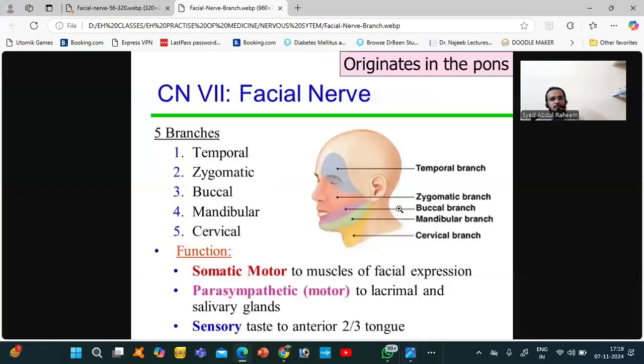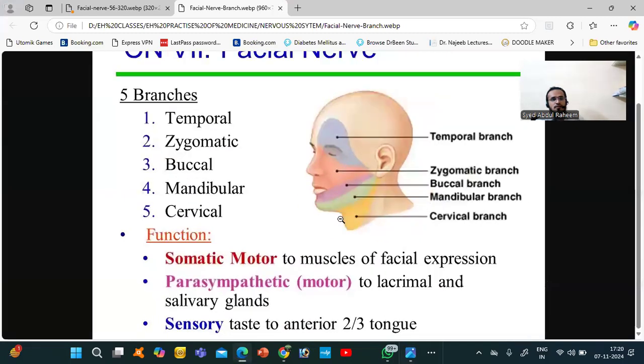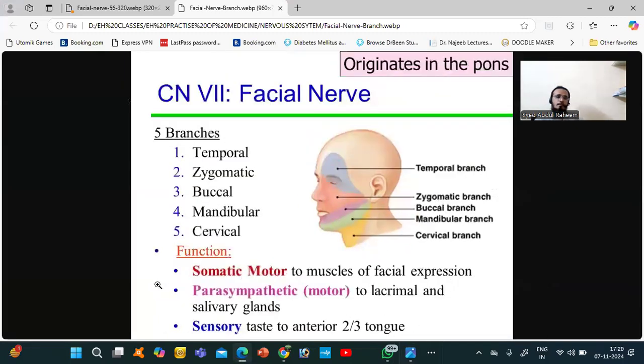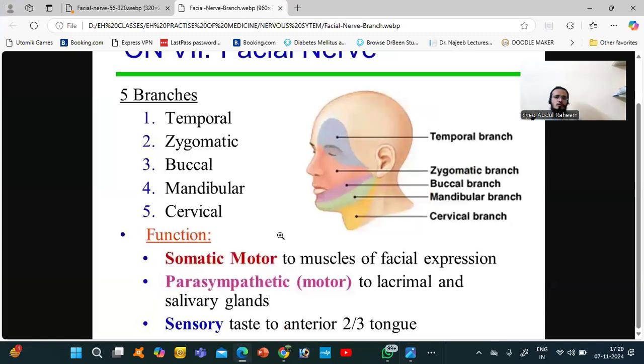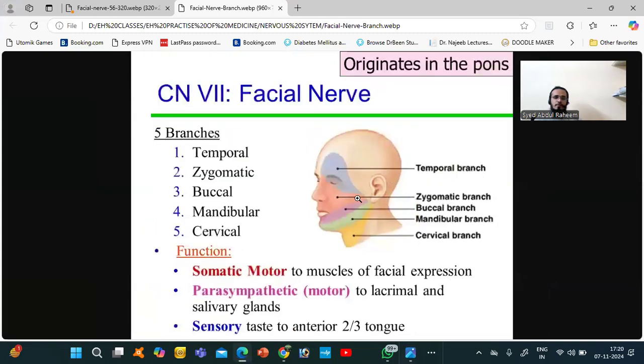You can see all the places in the picture. So it is coming from that area going to the temporal region, zygomatic region, buccal region, mandibular region and cervical region. Okay, so this is the seventh cranial nerve.